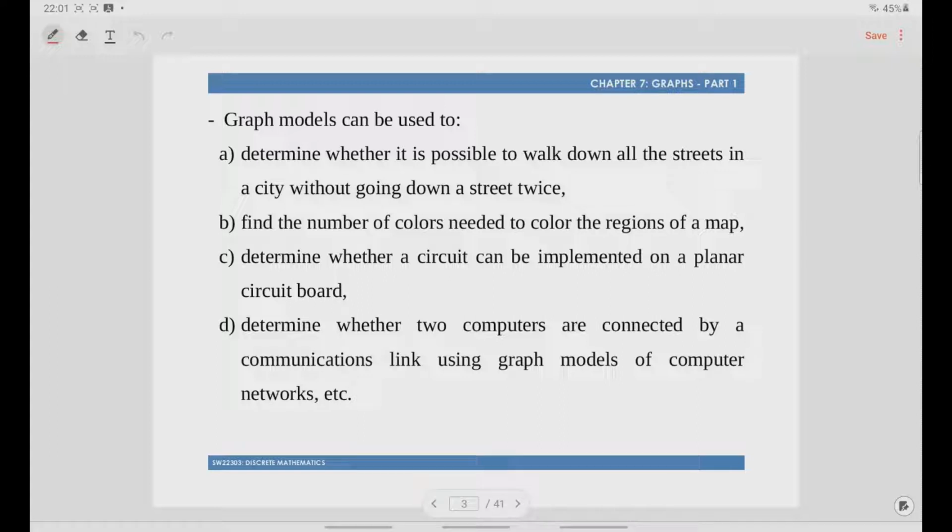The model that we obtain from graphs also can be used to determine whether a circuit can be implemented on a planar circuit board. And also the model can be used to determine whether two computers are connected by a communication link, using a graph model for computer networks, etc. So from the model we can apply it in a variety of areas. Okay, that's how useful the graph is.